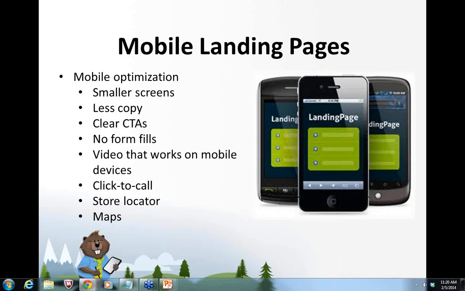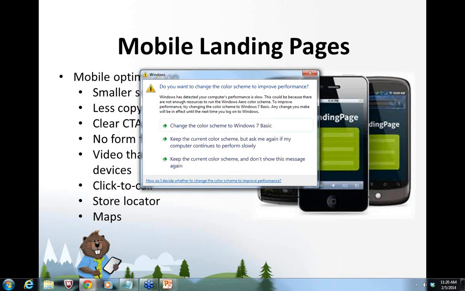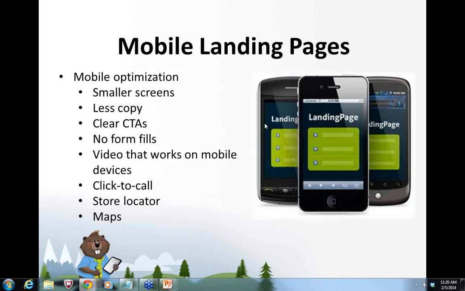So instead of "download this report" or "put in your information for an estimate," you have very clear calls to action. Things like "call me now," a one-field form fill. So put in your email address to get this special offer, things like that.